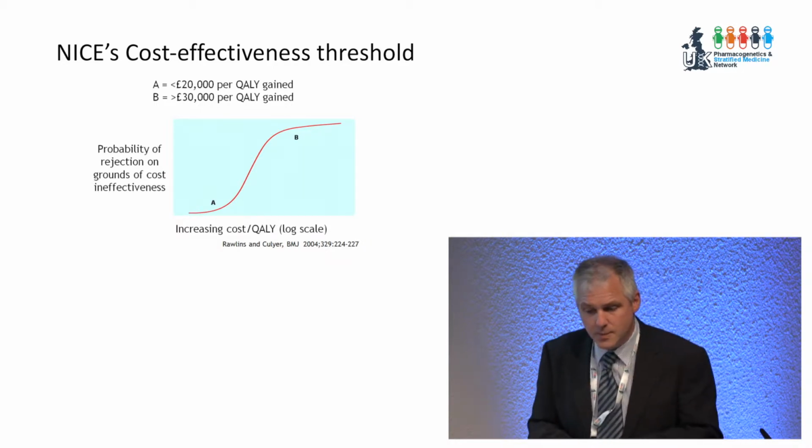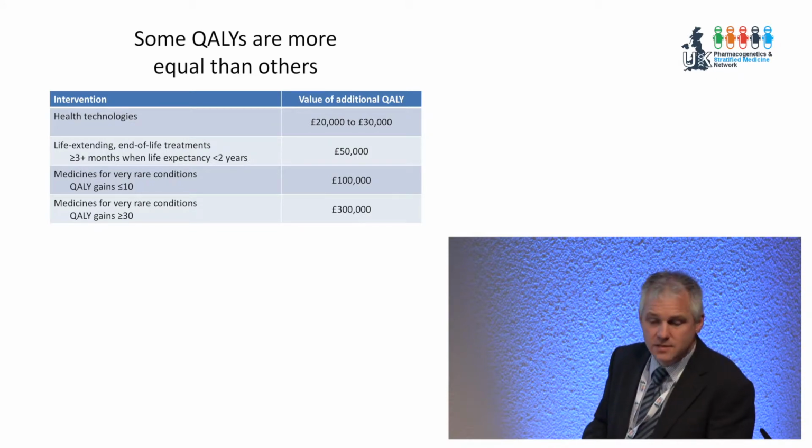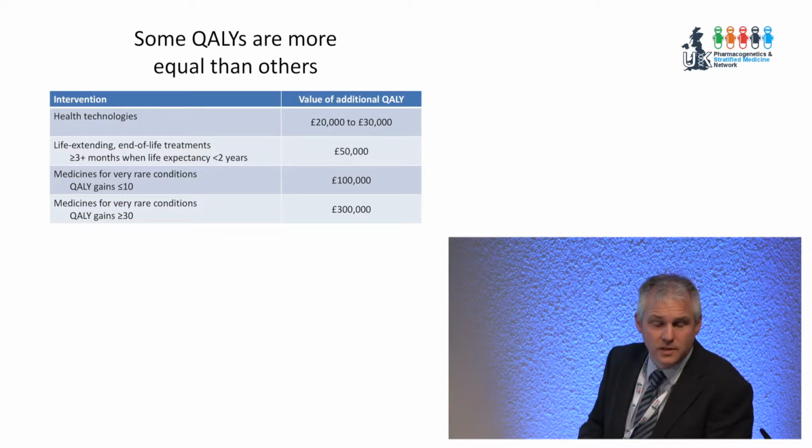But there are some exceptions to the rule. Some QALYs are more equal than others. So normal, everyday health technologies and most new medicines and interventions fall into this category of £20,000 to £30,000 per QALY.